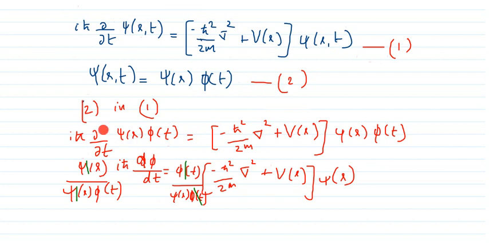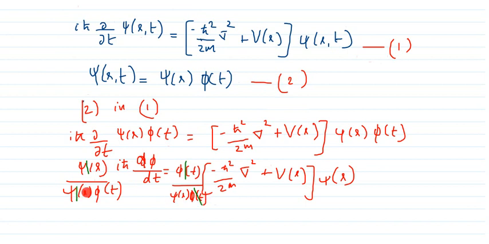So the space part is taken outside and we have i h cut, then d by dt of phi of t. Because we have a single variable, we make it a complete differential instead of a partial differentiation, and divide it by psi of r into phi of t on both sides.